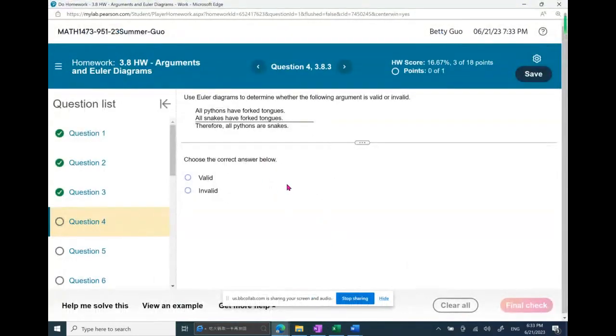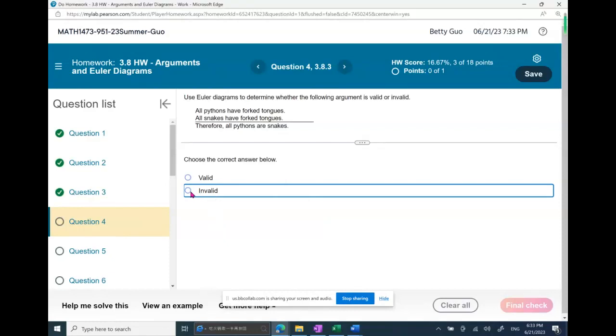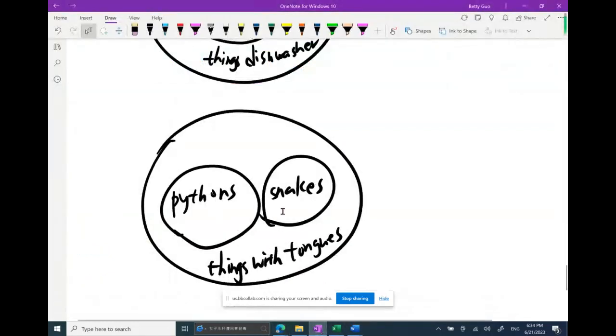Let's double check. All pythons are things with forked tongues, not just tongues, forked tongues. And all snakes have forked tongues. Therefore, all pythons are snakes. Definitely invalid, because the two smaller circles could be disjoint, like what I drew here, or they could overlap.